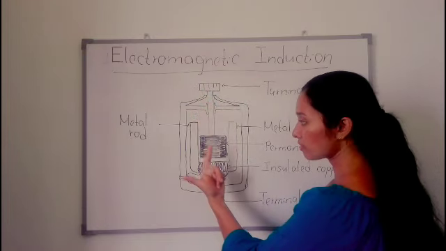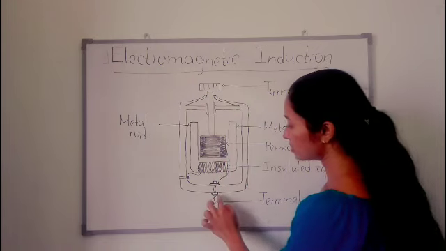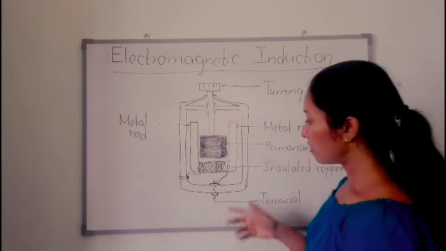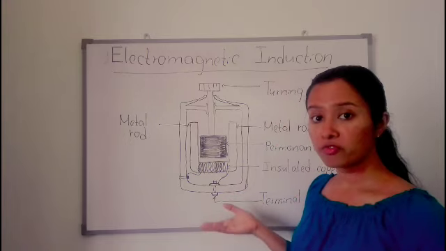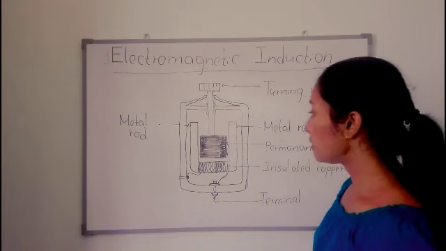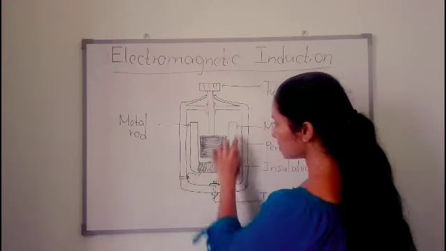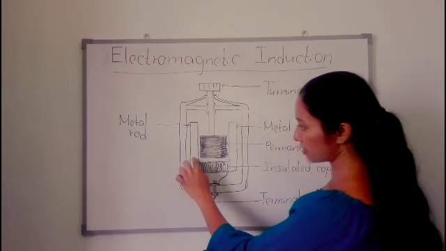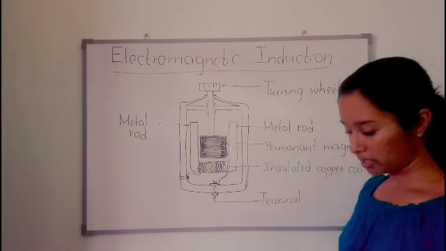So when the magnet is rotating, we can see the generating of electricity. So what is the reason for it? Because this is a metal rod. The metal rod is covered with the copper coil.